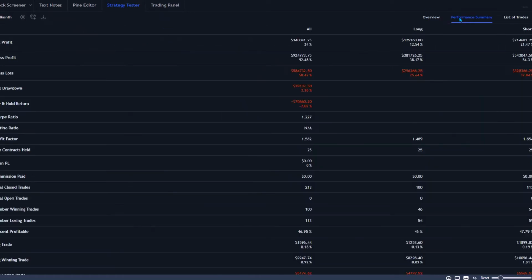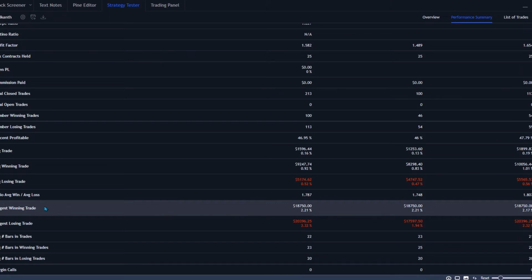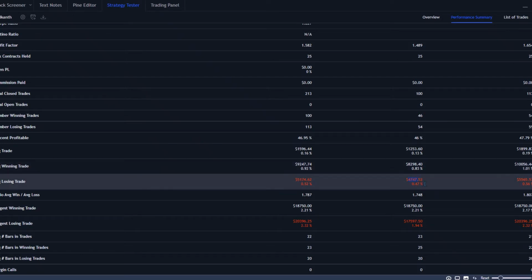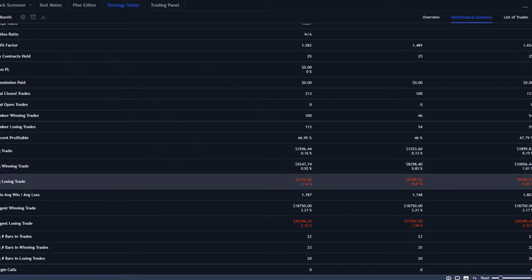If you scroll down, the average winning trade is around 9,000 on the buy side. On the sell side the average winning trade is 8,300, and we are losing around 4,700, so it comes out to approximately 1:2 here as well, 5,000 to 9,000.